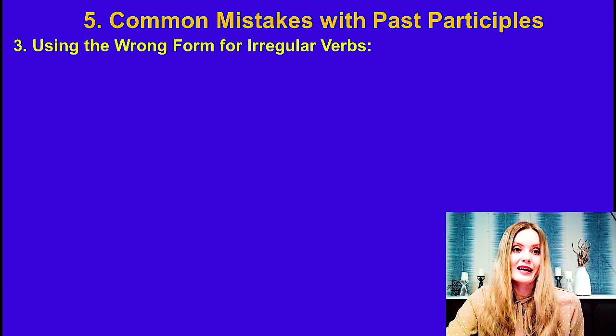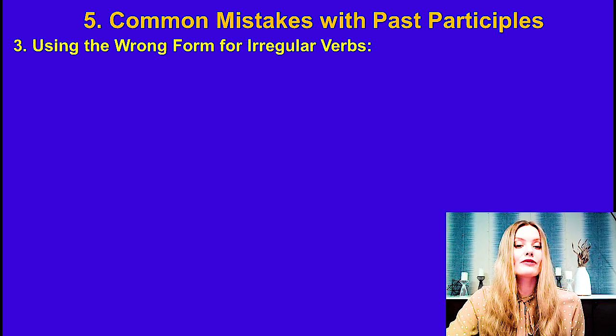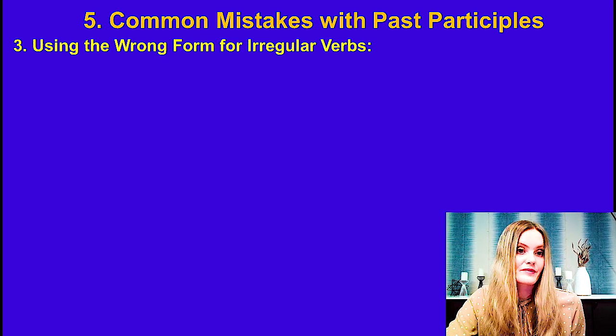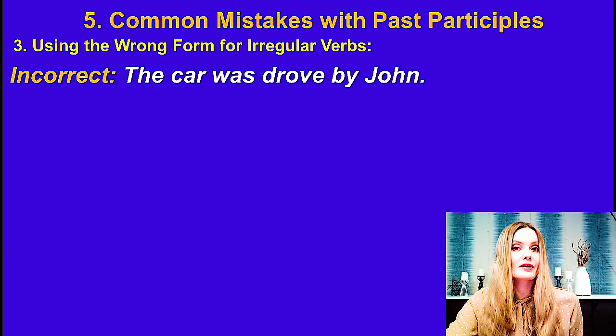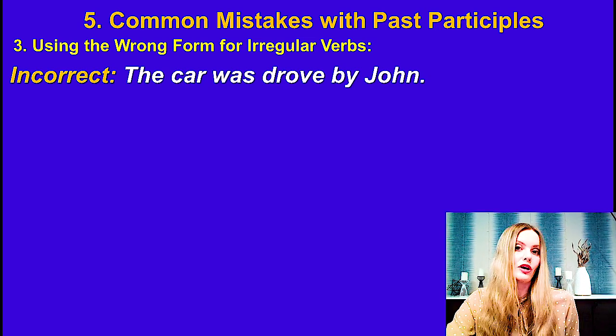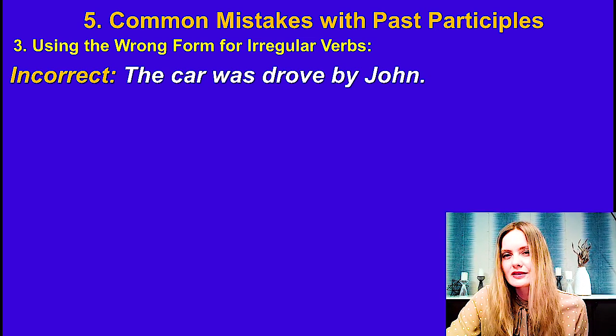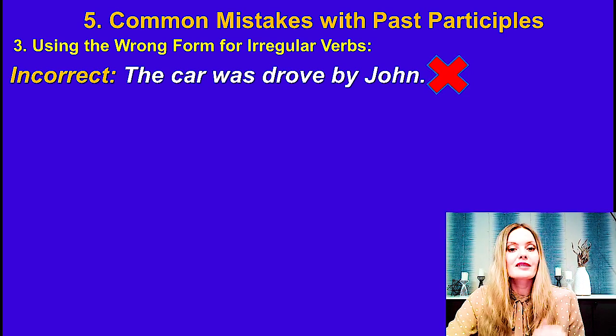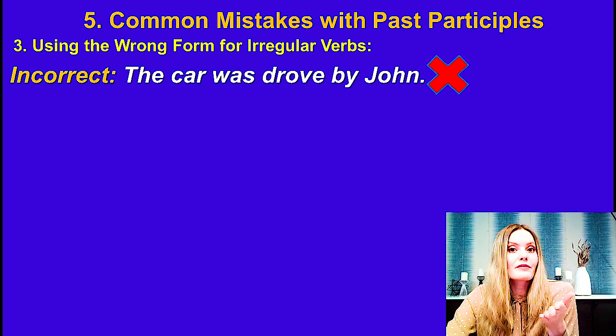The third mistake is using the wrong form for irregular verbs. For example, the incorrect sentence. The car was drove by John. Is it correct? No, it's wrong. Because here we use the wrong form of the irregular verb. We said was drove.